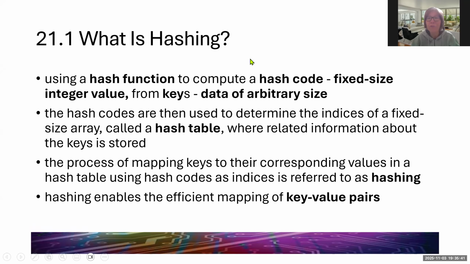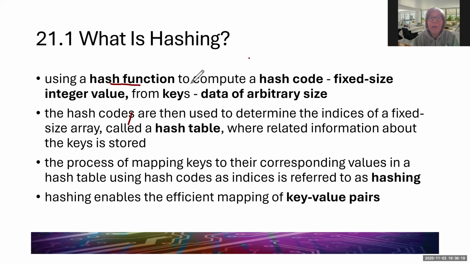So the first section is about the hashing concept. What is hashing? The concept involves a hash function, and later we will also see some features for a function to be a hash function.